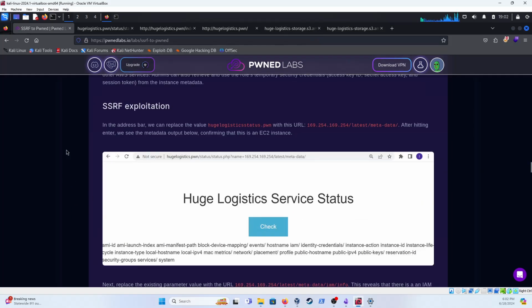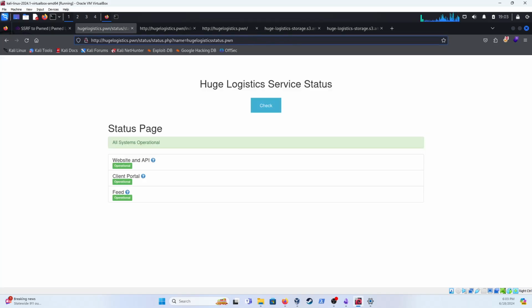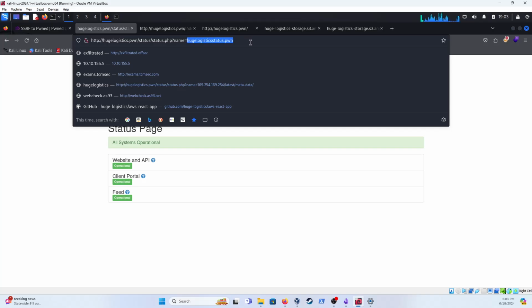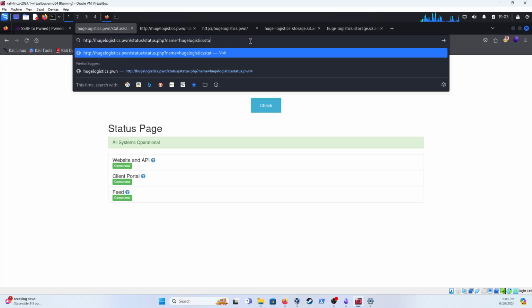All right, and so now what we're going to do is our first little verification of possibly SSRF. Instead of what we saw in the source code, the value of hugelogisticsstatus.pwn, we're just going to get rid of that.